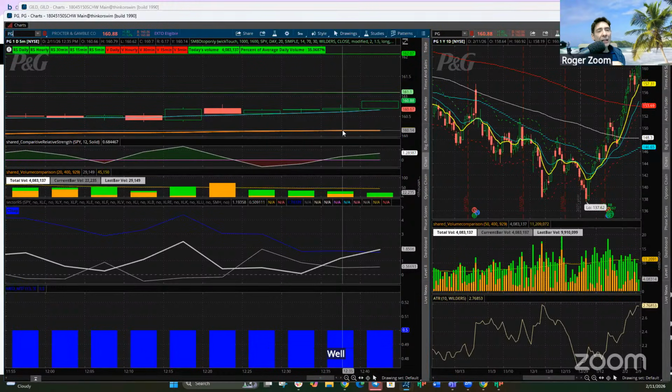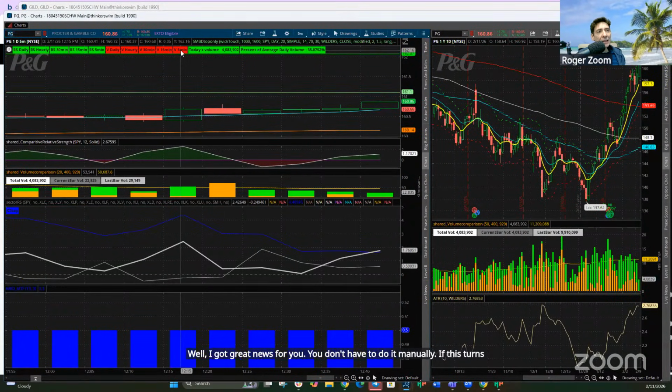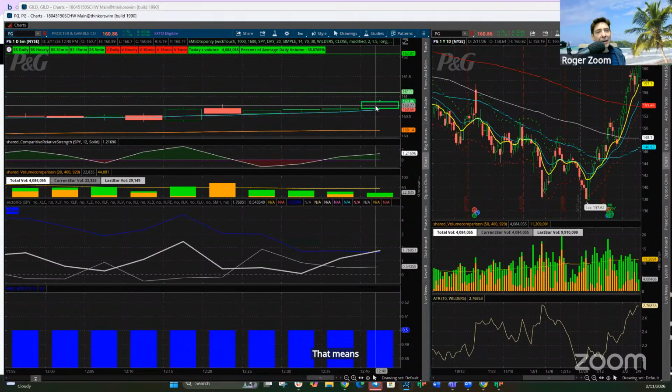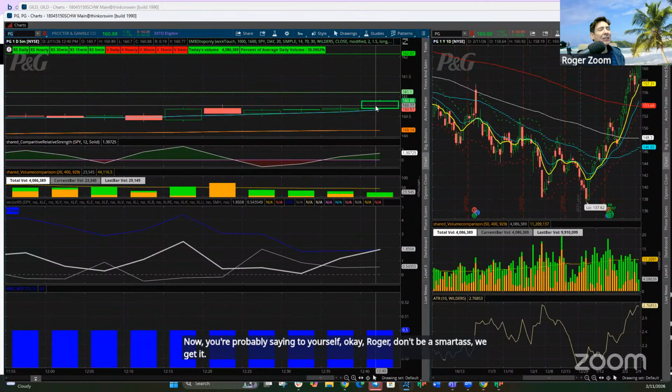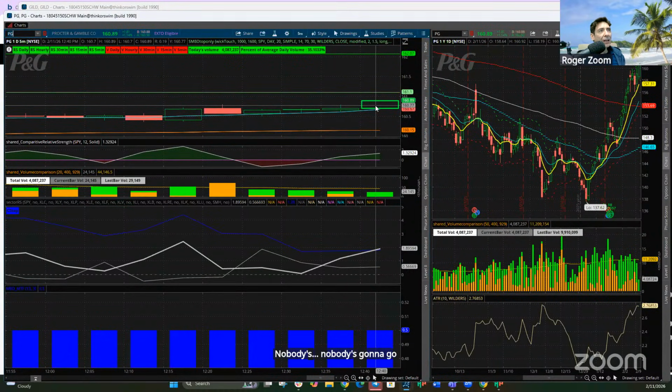Well, I got great news for you. You don't have to do it manually. If this turns up green, that means this bar is higher than the last 20 bars at 12:35 in the afternoon that occurred over 20 days. Now, you're probably saying to yourself, okay, Roger, don't be a smartass. We get it. Nobody's going to go 20 days. No, Oladipo.